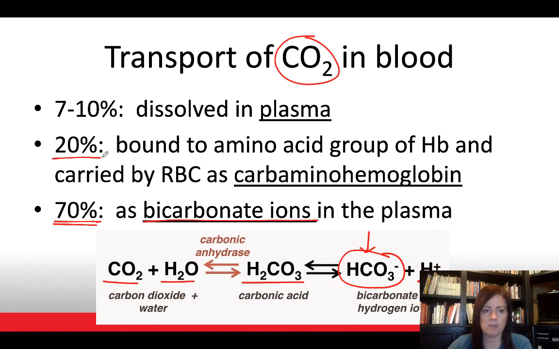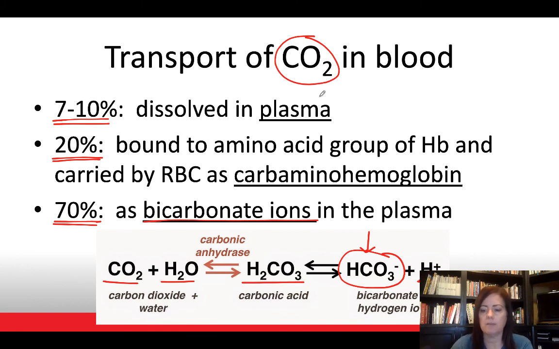About 20% of our carbon dioxide is transported by attaching to an amino acid group of hemoglobin. Again, it doesn't compete with the heme group. It doesn't compete with oxygen. It has its own attachment site, which is to amino acids in hemoglobin. And then just a tiny little bit of carbon dioxide is dissolved in the plasma.